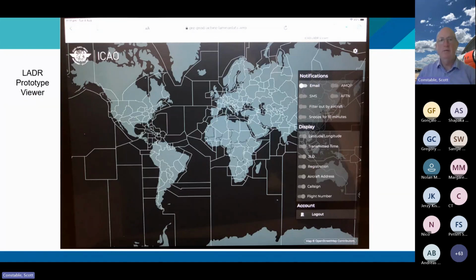When you log in, it'll present you with a map display with the flight information regions or search and rescue regions. I'm not sure what Eurocontrol has developed yet as to what the areas will be, but I understand it'll be flight information regions, which largely are coincident with aeronautical search and rescue regions, not necessarily maritime search and rescue regions.